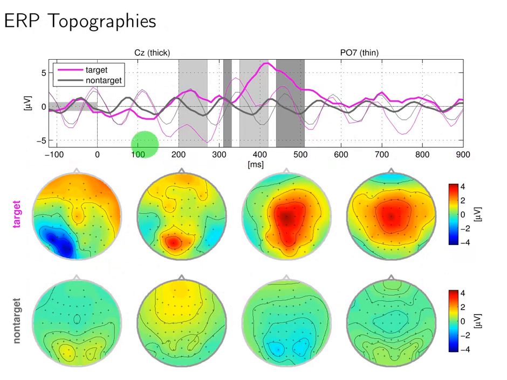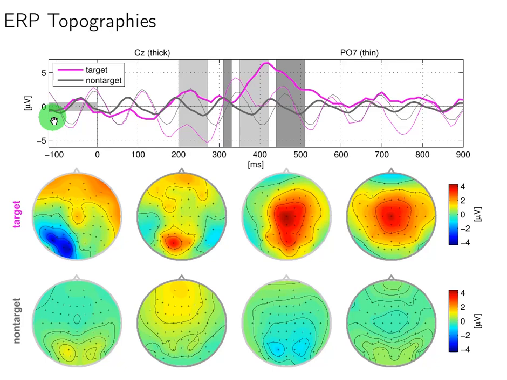Another way to visualize the ERP target and non-target distribution is through topographic images. What is shown here are called topographic images, as I mentioned earlier, that come from target and non-target. How do we get them plotted in this form?